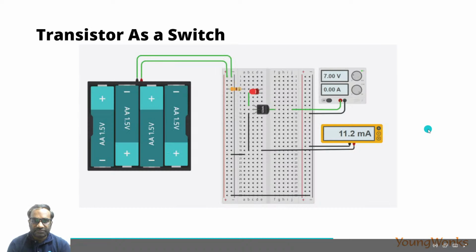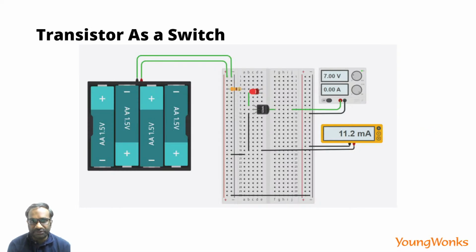Now, the first circuit we're going to look at is using the transistor as a switch. Here you have a battery pack connected and an LED circuit connected. In line, we have the MOSFET connected, or the NMOS in this case, but we could do the same thing with the PMOS as well with slightly different connections.